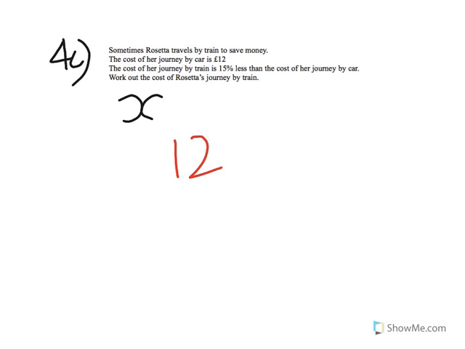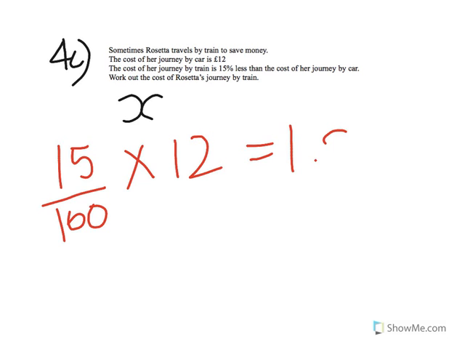So first of all, let's find the amount by which the train cost is less. So you just have to do 15%, so 15 over 100, multiplied by 12. And that'll give you an answer of 1.8 pounds. So that means that the cost of the train journey is 1.8 pounds less than the cost of the journey by car.